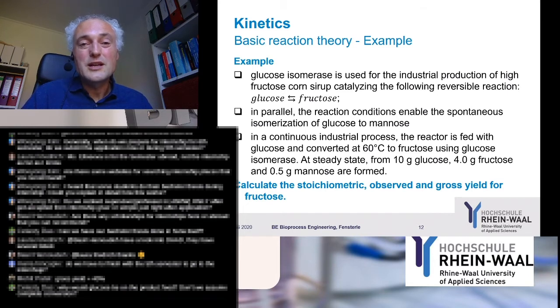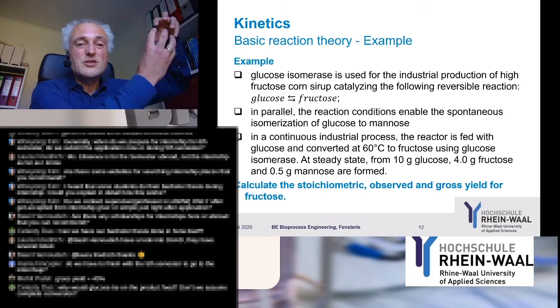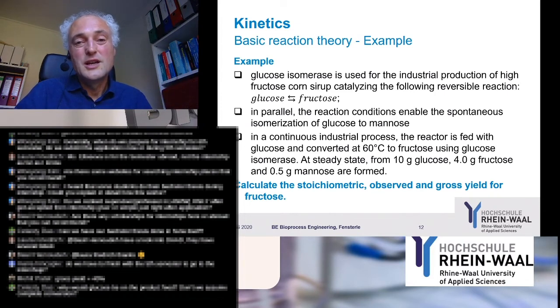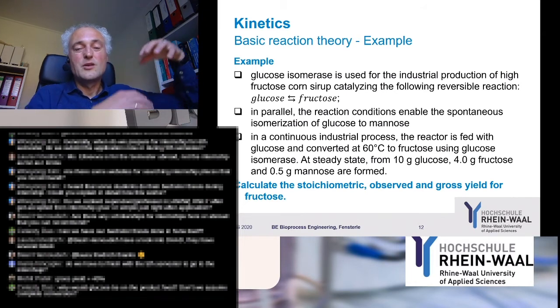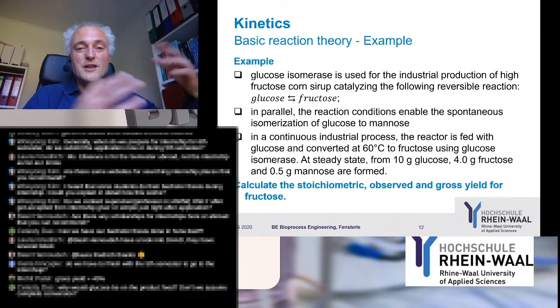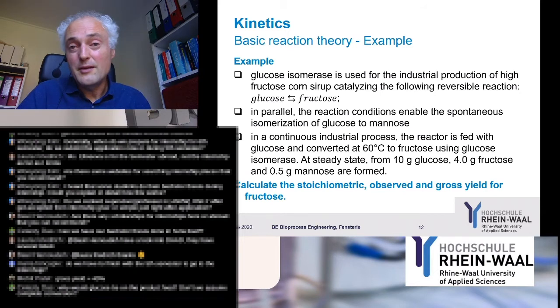If the reaction doesn't take long enough, because you have a plug flow reactor, for example, you might just achieve 30%. So this is a real world example of how this could look. You have your enzyme immobilized, for example, in your reactor, which can do this isomerization. The thermodynamic maximum possible yield might be 50%.